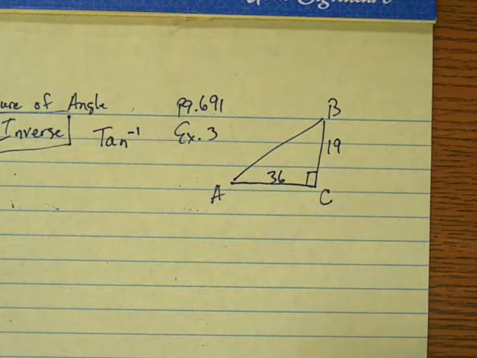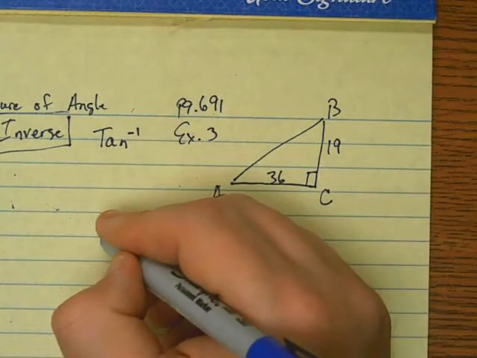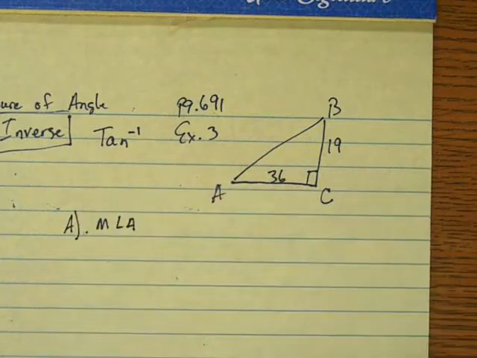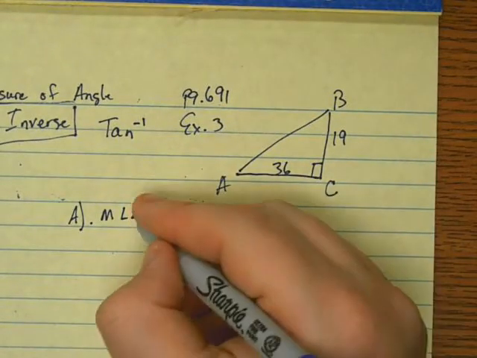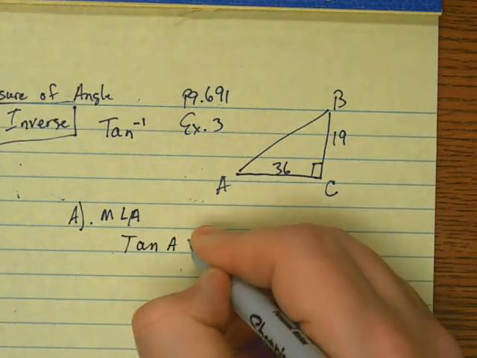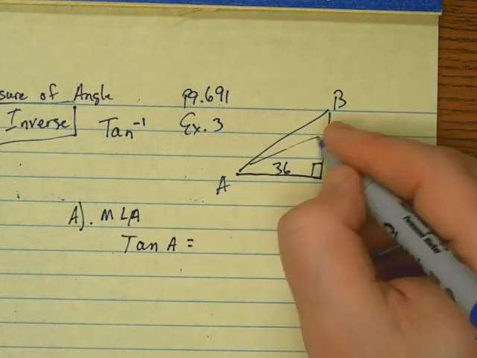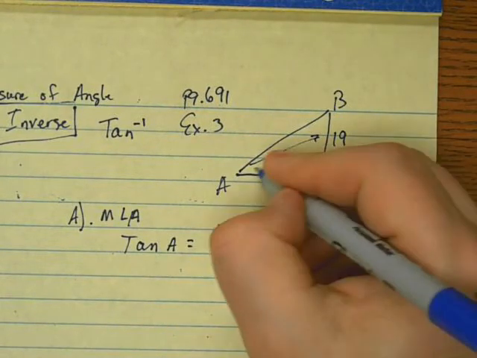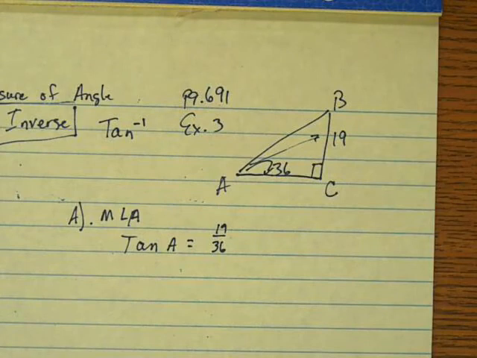All right, for example 3A, they want us to find the measure of angle A, using the tangent ratio. The tangent of A is equal to opposite, which is 19, over 36, the adjacent. Opposite over adjacent.